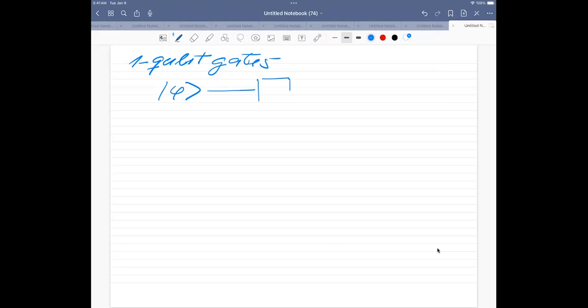This is often depicted as a box here. So this is a G for gate, and that gives us a transformed state phi prime.